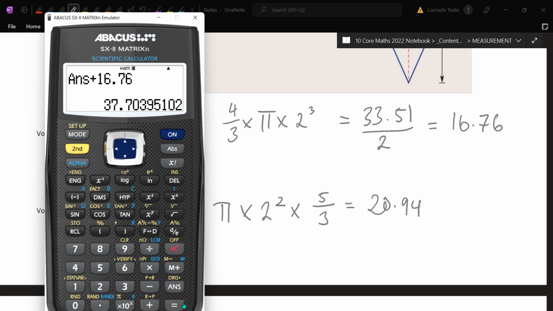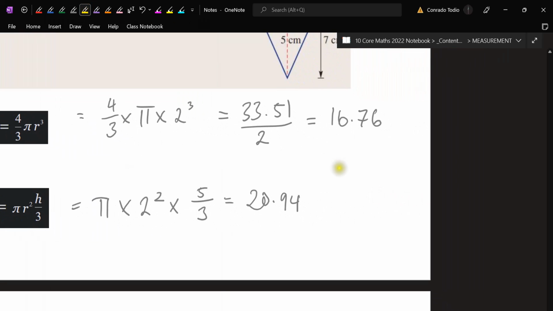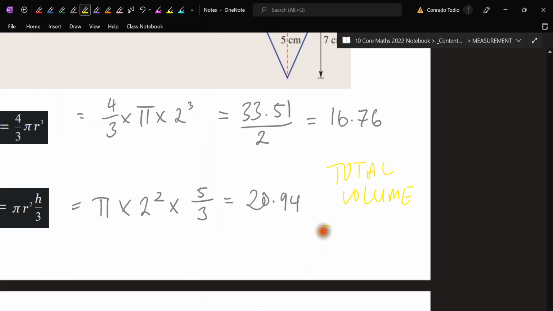And that equals 37.7. Okay, there's the total volume.